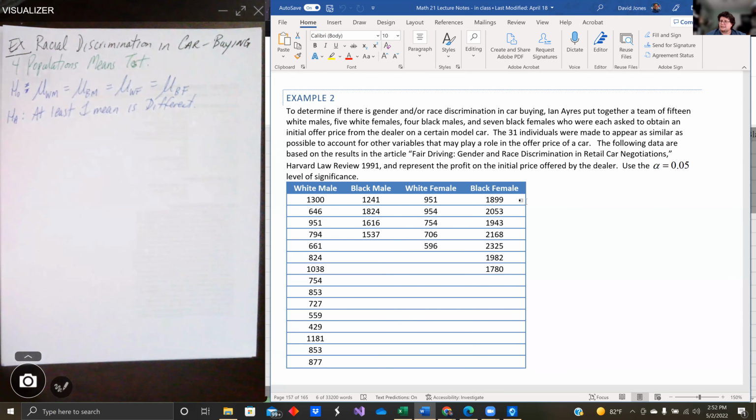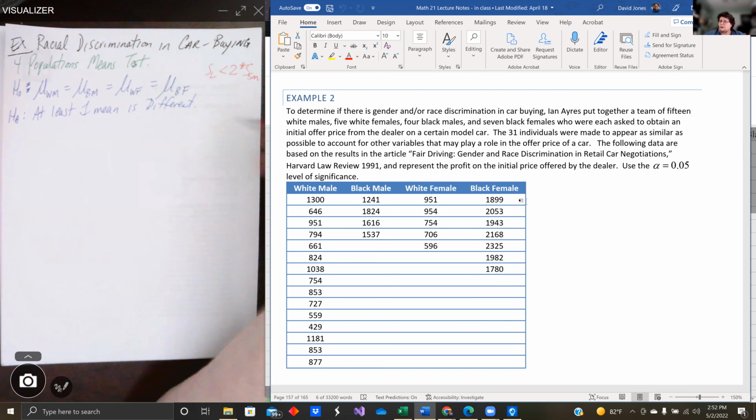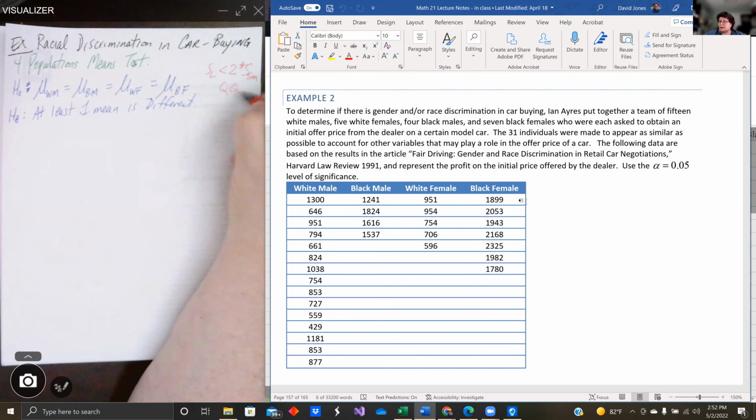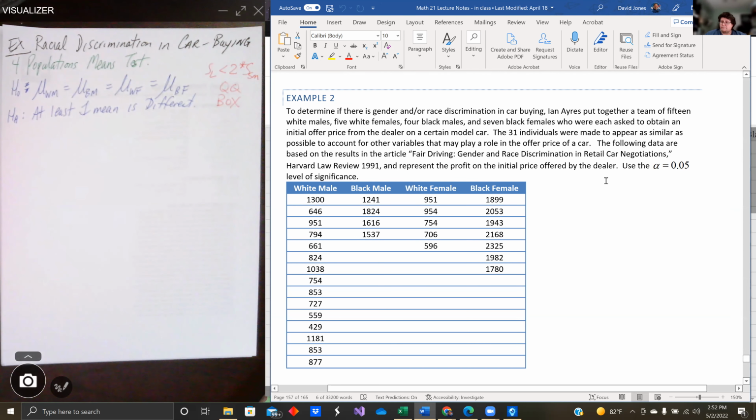Remember, we got to do our tests. So we want to check S large, is that less than 2 times S small? And we want to check our QQ and our box plots. I have alpha written down.